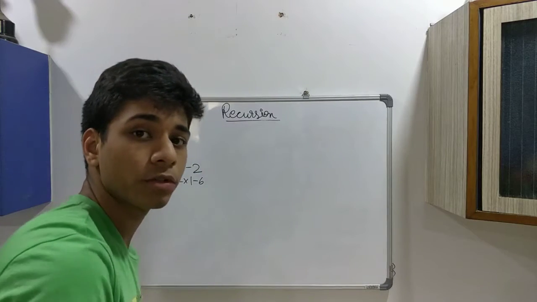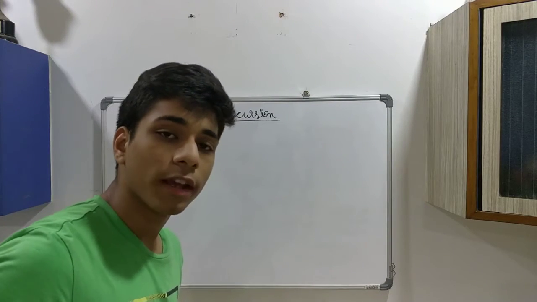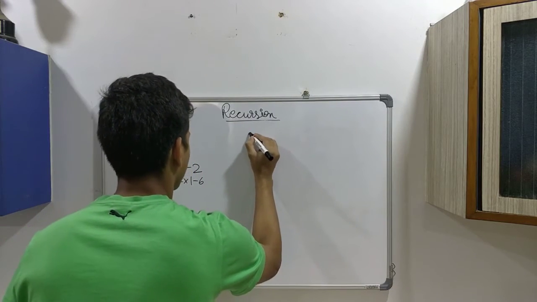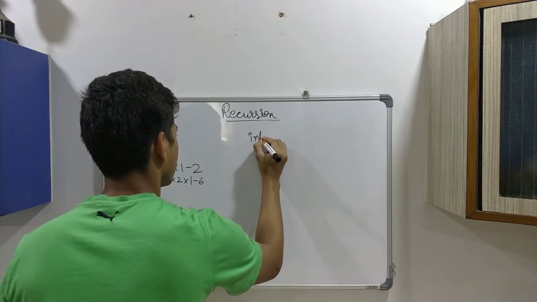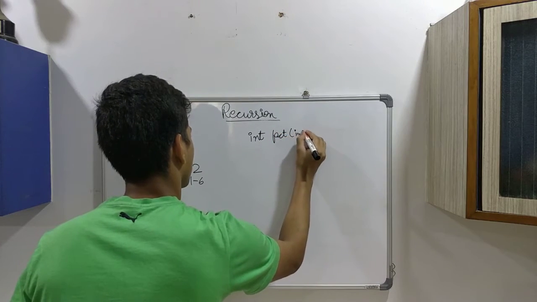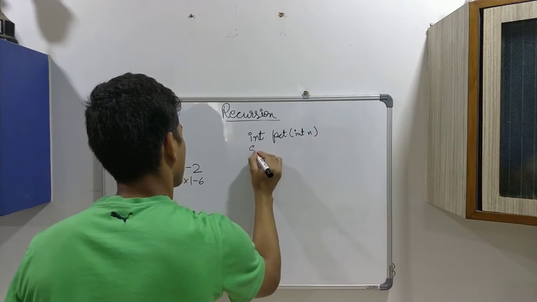Firstly, it is important to know that recursion is calling a function within itself. For example, let's make the factorial function, int fact, with int n as a parameter.